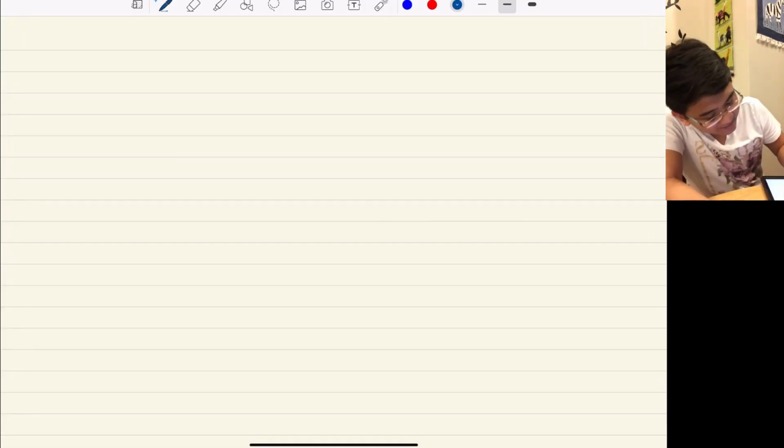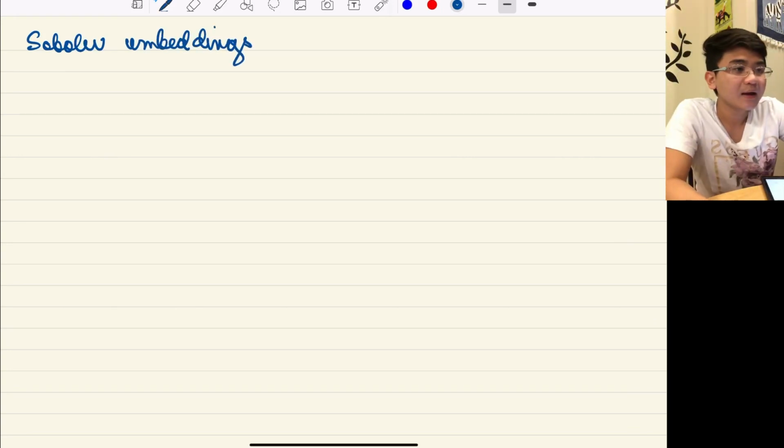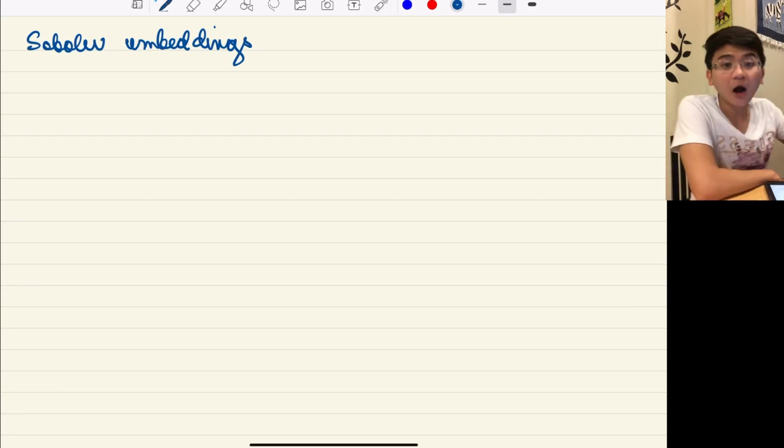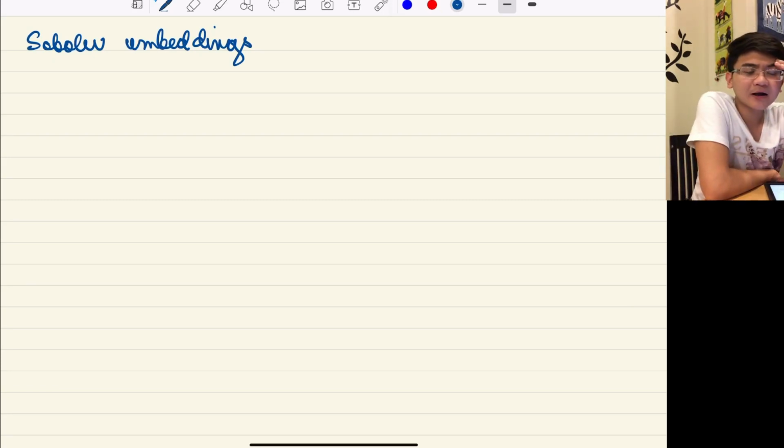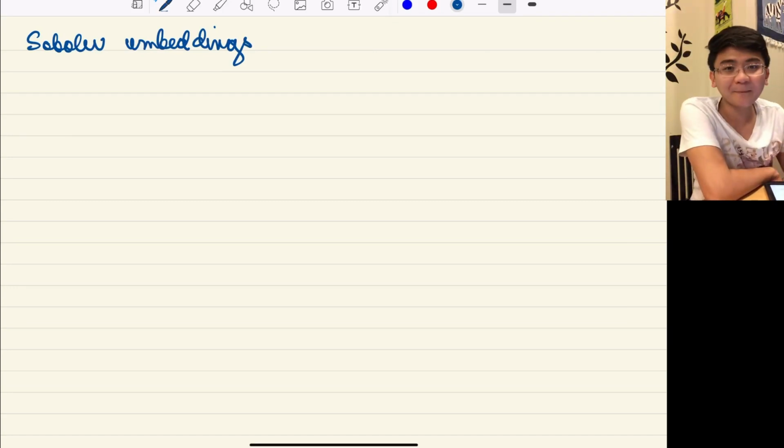Another important thing, and this is very important, is the Sobolev embeddings. They fall into two categories: the continuous and the compact embeddings.